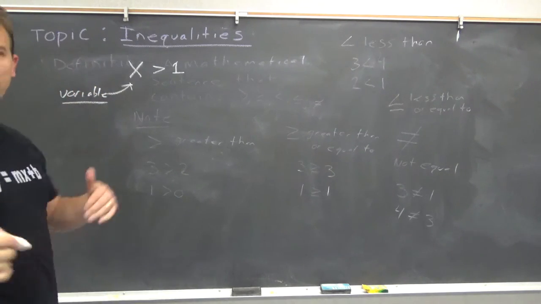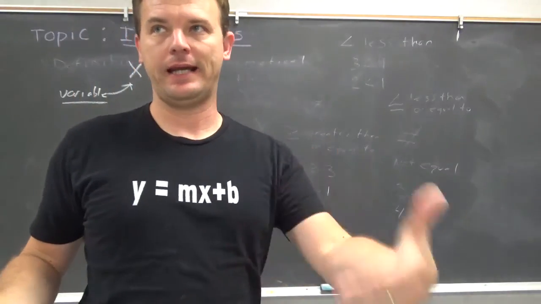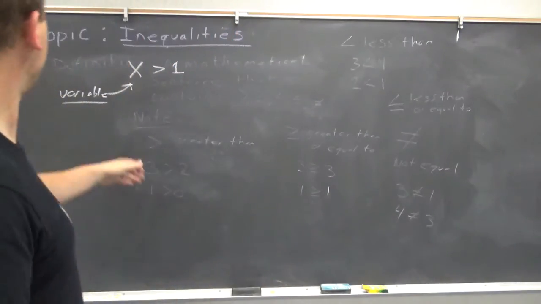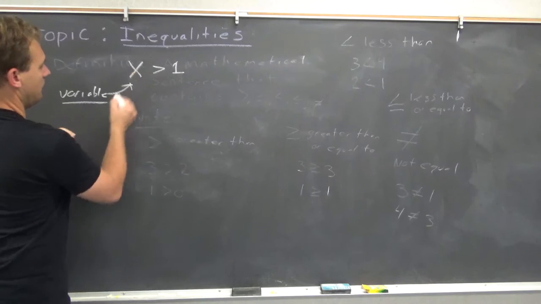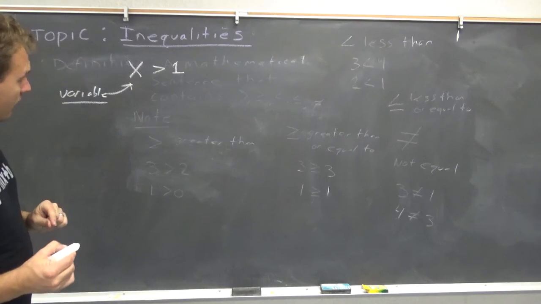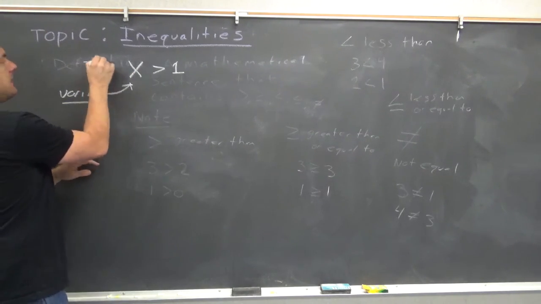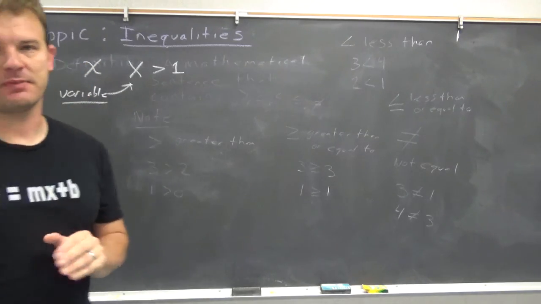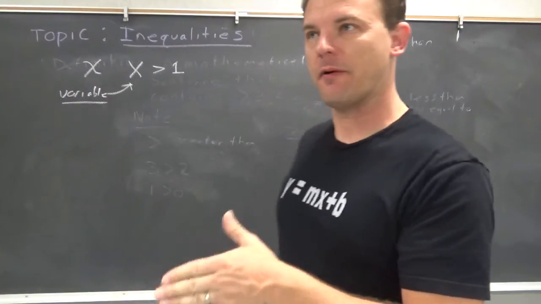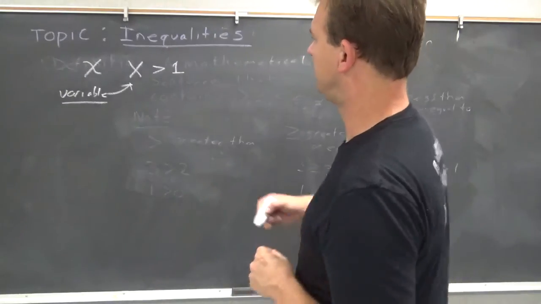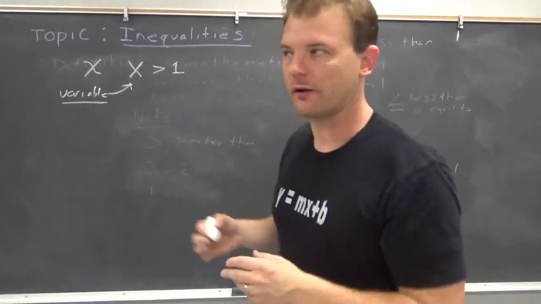What's a variable? It can be anything. It can be anything and varies. Sometimes I do my x's very fancy just because I'm trying to get them away from looking kind of straight and weird.